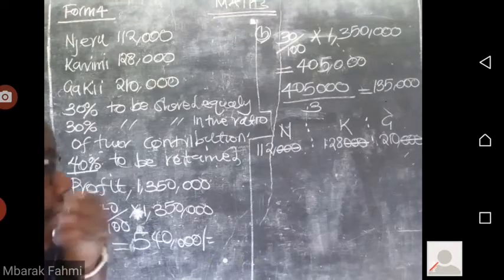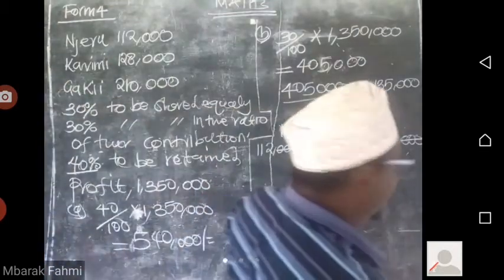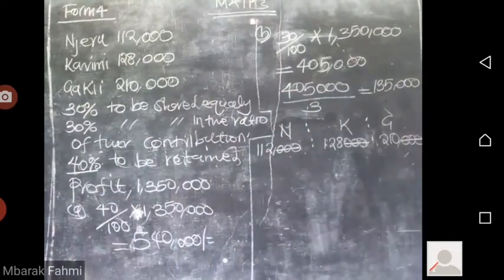From there we look at a number that can divide all of them. We're looking for a common factor. I can see the first one which is common, which is 2.